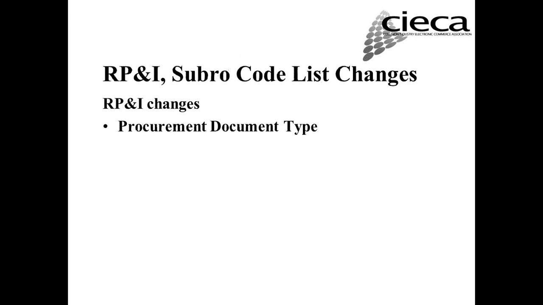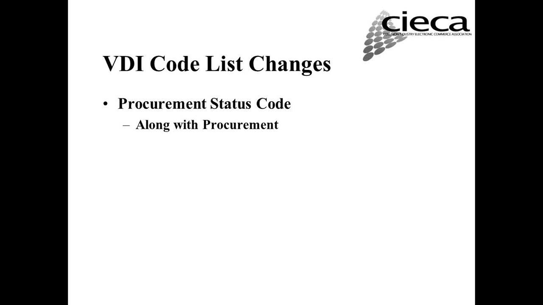These include PayPal. Recycled parts and inventory developed a release hold business case and added release hold to the procurement document type code list. Vehicle damage and imaging and procurement made changes to the procurement status code, changing it from a closed code list to an open code list.